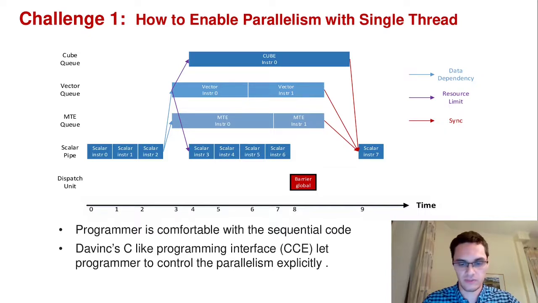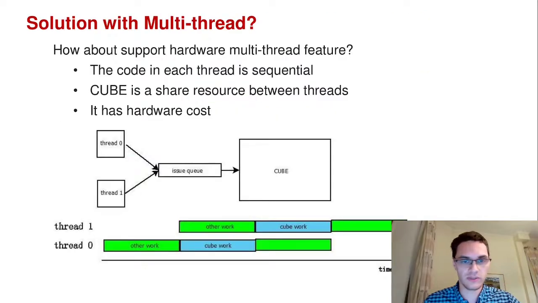This can be a big problem for hardware resource utilization. To deal with it, there could be an approach of multi-threading, which allows several threads to interleave their utilization of hardware units.